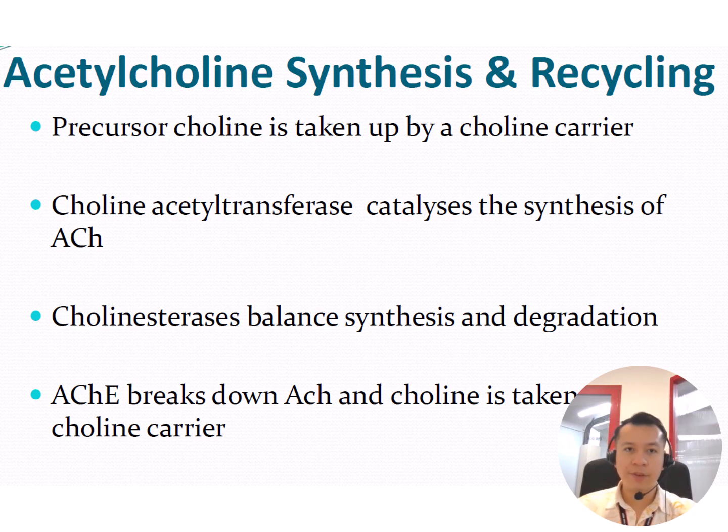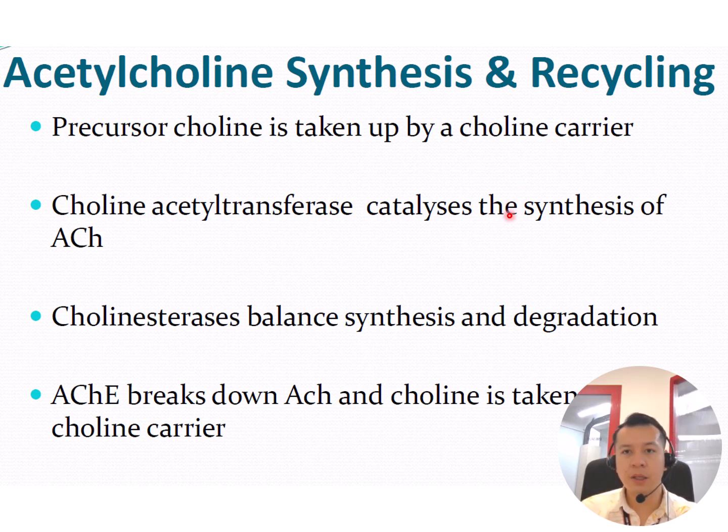Okay, I think previously I mentioned acetylcholine, so now let us go through acetylcholine. Let's zoom in on one of the most fundamental neurotransmitters in the nervous system. The short form is ACh. We look at how it's not only synthesized, but also continuously recycled to keep signaling efficient and controlled.